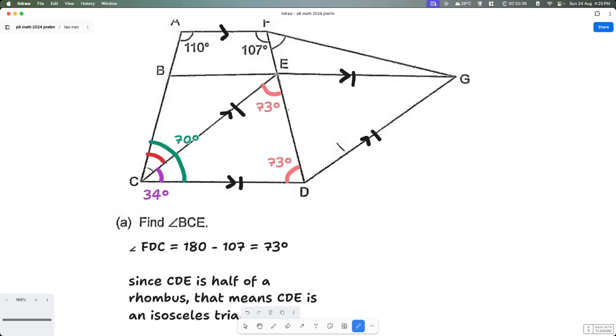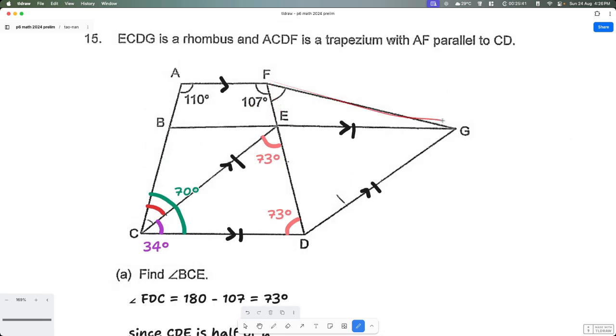So EFG, right? Let me just put this in blue, EFG and FGE, like this. Okay, if only this was an easy, what do you call this? Vertically opposite, but it's not, sadly. So for FEG, we want to know how many degrees these two angles are.